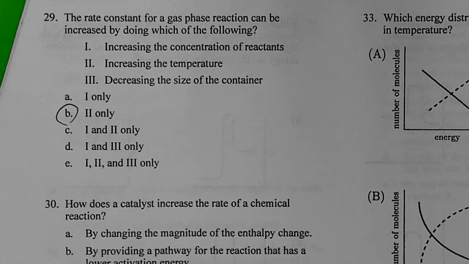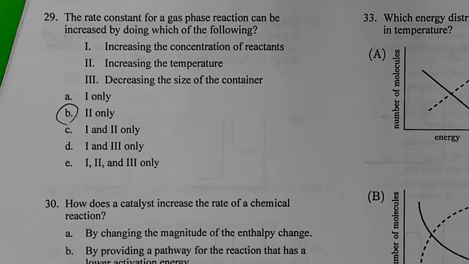Okay, so changing the temperature will change the rate constant. Changing the concentration and size will change the rate, but not the rate constant. Okay, I think I didn't explain it quite well. Yeah, it's a gas, but that's not the keyword.